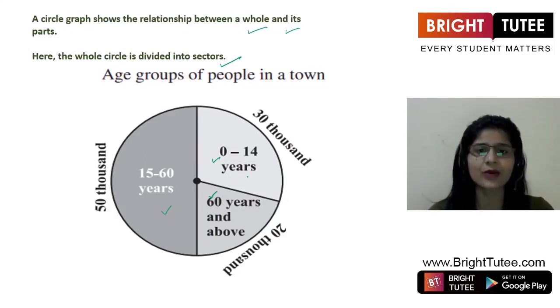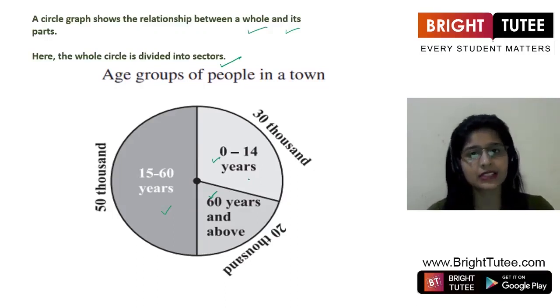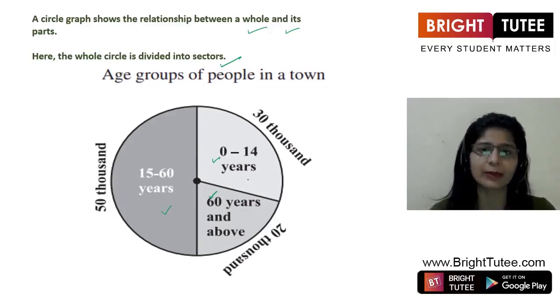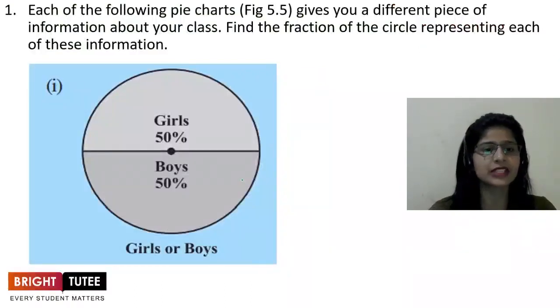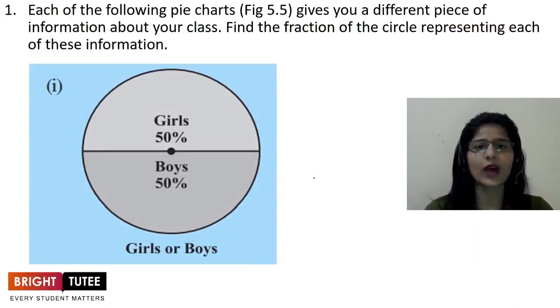So like this we would be asked some questions and we have to answer based on it, as in the case of bar graph, double bar graph, and histogram we have done. Let us now start here. This one is a very simple question, and it is going to ask us a very basic question. Just see, each of the following pie charts gives you a different piece of information about your class.